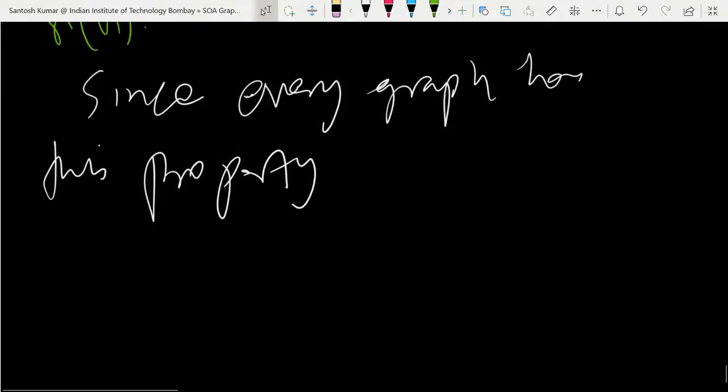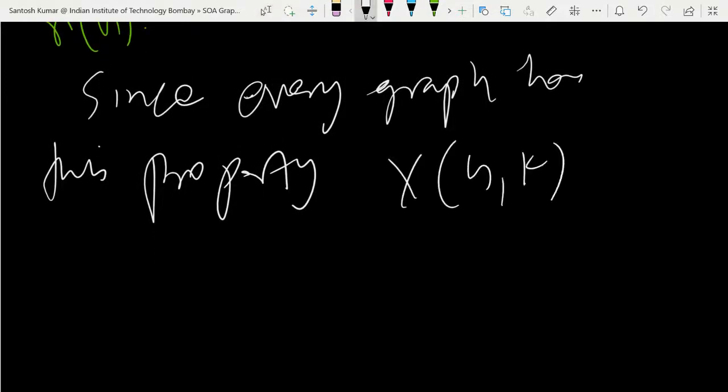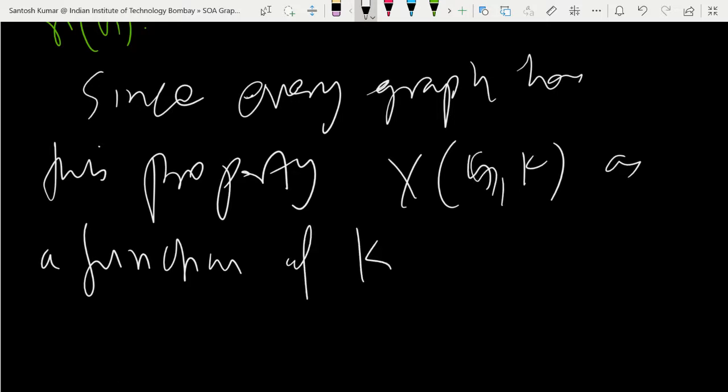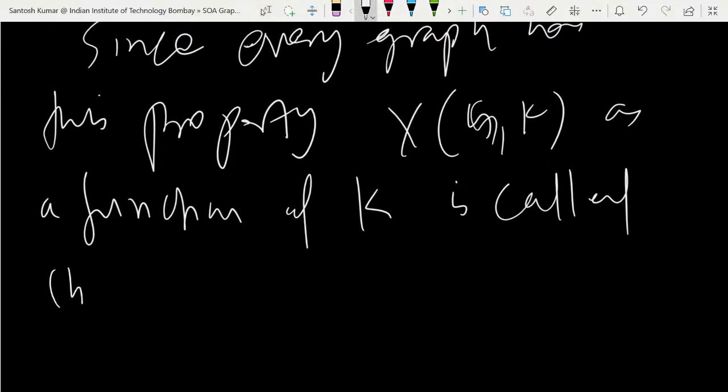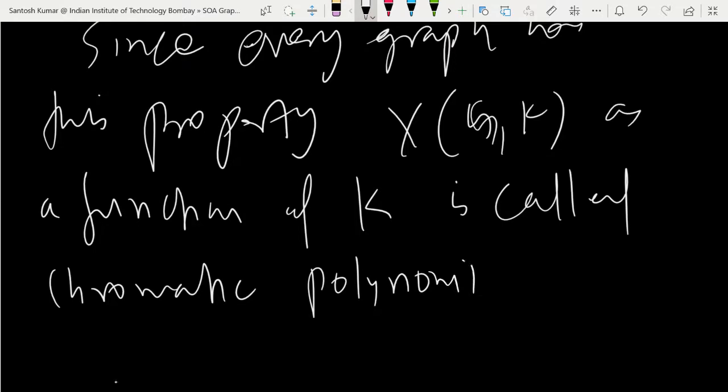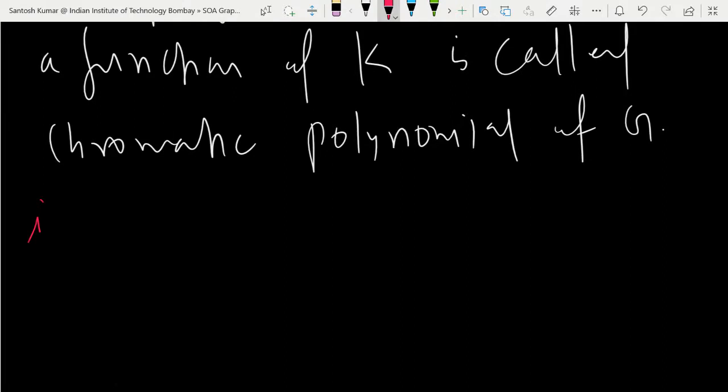So since every graph has this property, chi(G,k) as a function of k is called the chromatic polynomial of graph G.